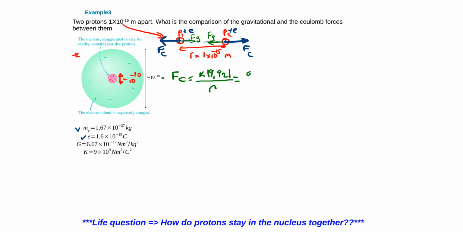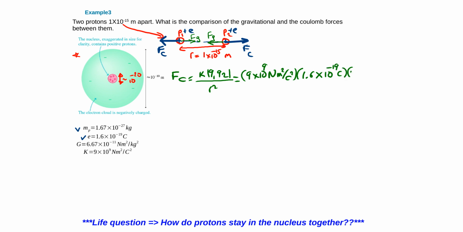And our k is 9 times 10 to 9 newton meter squared over coulomb squared. q1 and q2 are the same charge, 1.6 times 10 to minus 19 coulomb.